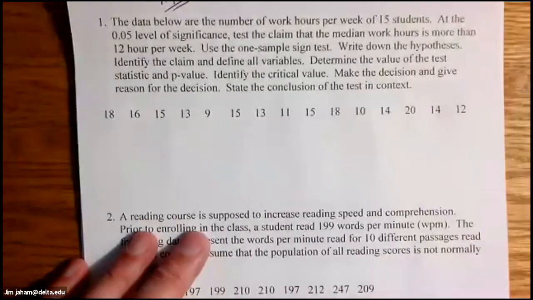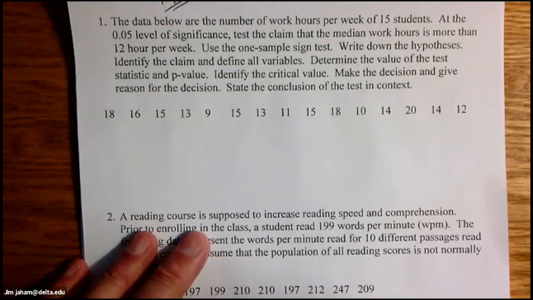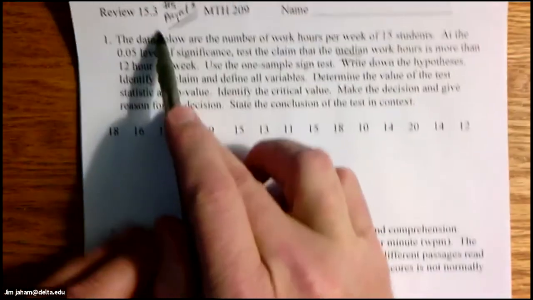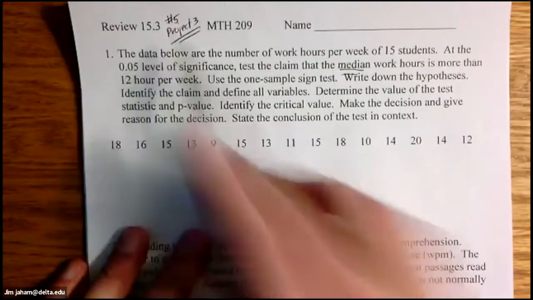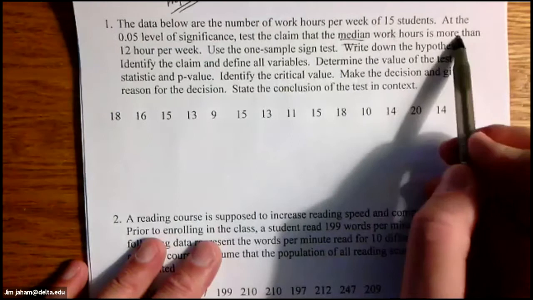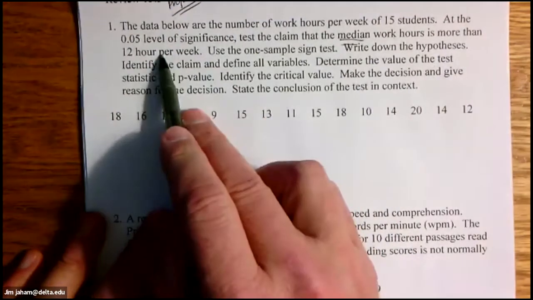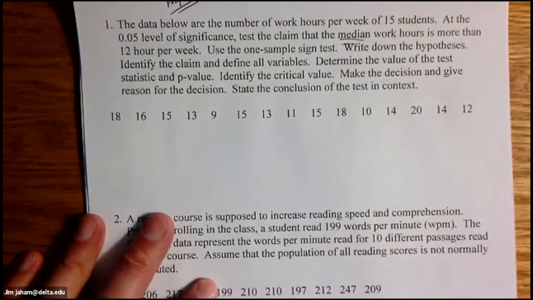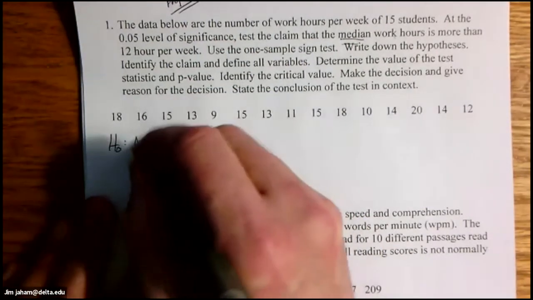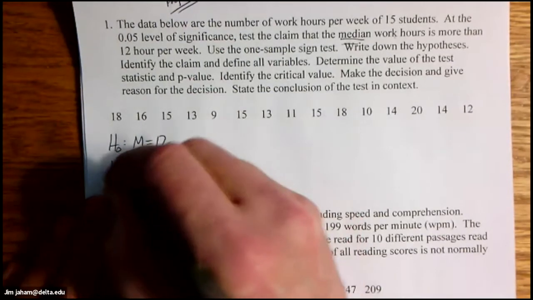Whenever a test is made about a median, you want to go to this section, 15.3. And the claim is that the median work hours is more than 12. So the hypotheses would be the median equals 12.